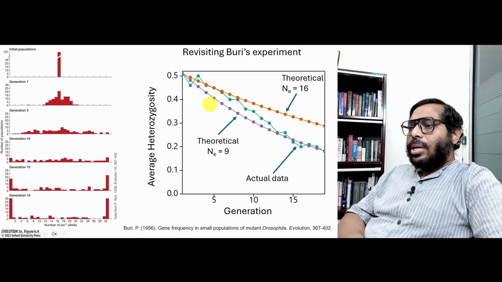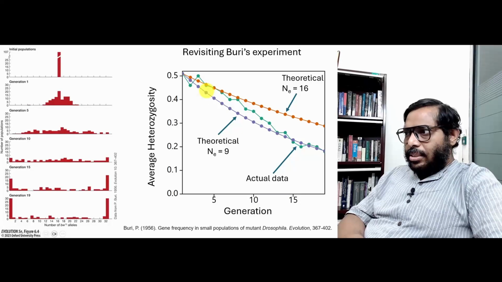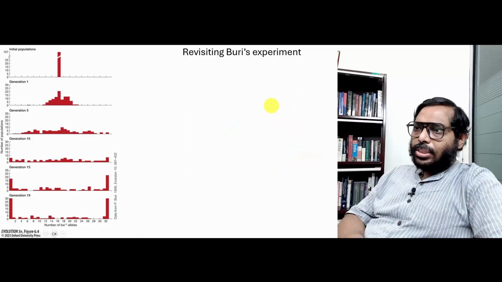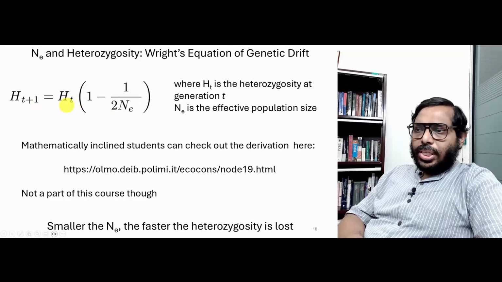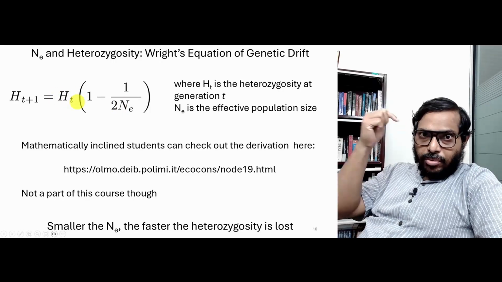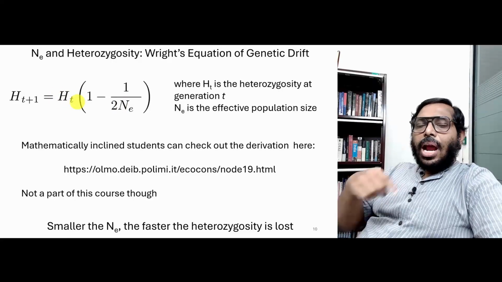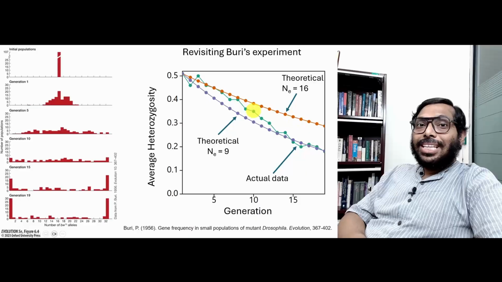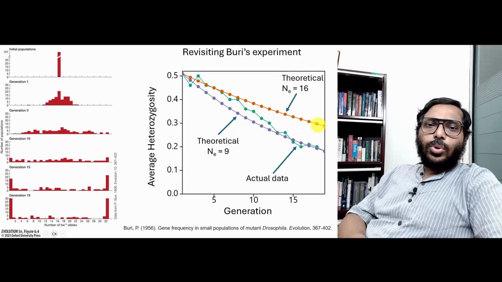And you can see that I have also plotted two other lines. The first line is theoretical Ne equal to 16. What is that? That is simply this equation where I have fit Ne equal to 16 and taken Ht as the first generation's heterozygosity, and simply simulated it, and that has led to this line. So, theoretically speaking, if my Ne were 16, this is the way the heterozygosity should have come down.